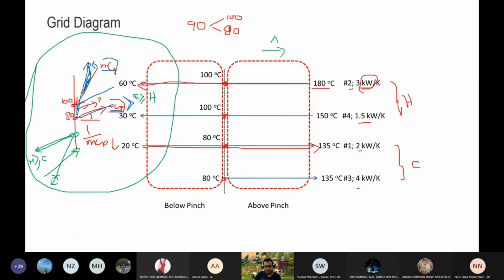Above pinch we need to find C larger than H. So C is this one, so it has to be matched with the one larger. So this is 3, this is 2, so they cannot be matched, but this one can be matched with this guy. So we can have this. This one can be matched with that guy, so we can also have this one.